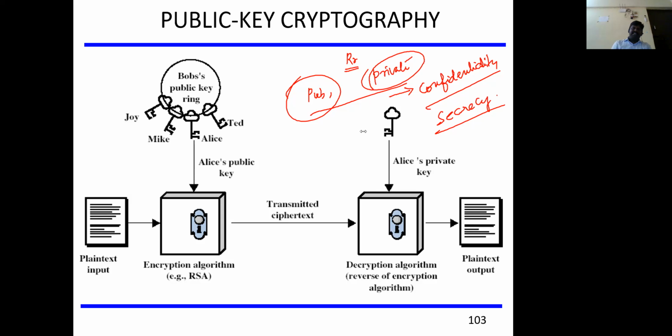When we talk about the CIA triangle, confidentiality, integrity, and availability, I elaborated more on confidentiality. Confidentiality is a security property: other than the intended receiver, no other person should be able to read the message or information being conveyed. How does this achieve confidentiality?